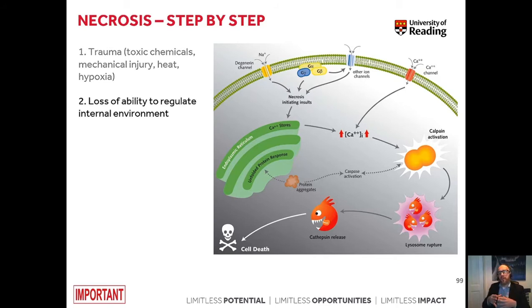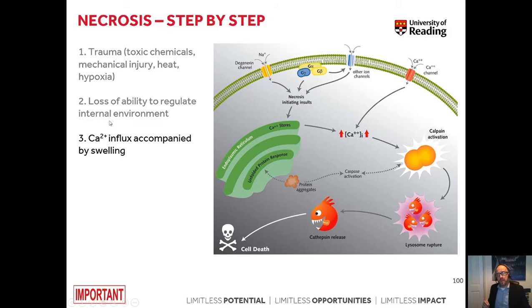So in necrosis, cells lose the ability to regulate the internal environment. This leads to calcium influx, which is accompanied by swelling. And this is the first difference between necrosis and apoptosis at the cell level. In apoptosis, cells shrink. In contrast, in necrosis, they swell.